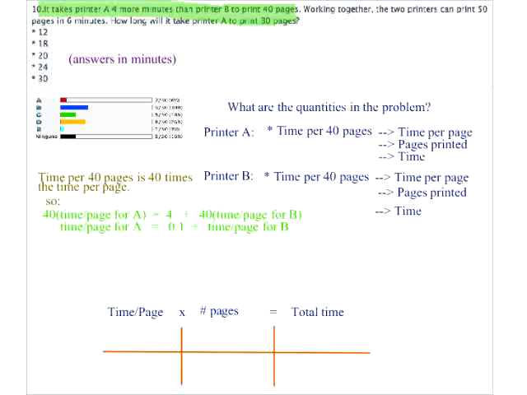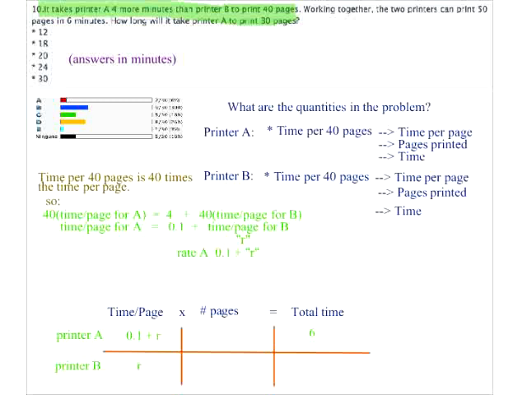So let's let this be rate R. If that's rate R for B, then the rate for A is 0.1 plus R. So that's time per page, times how many pages equals the total time. Well, in 6 minutes, so the total time is 6.